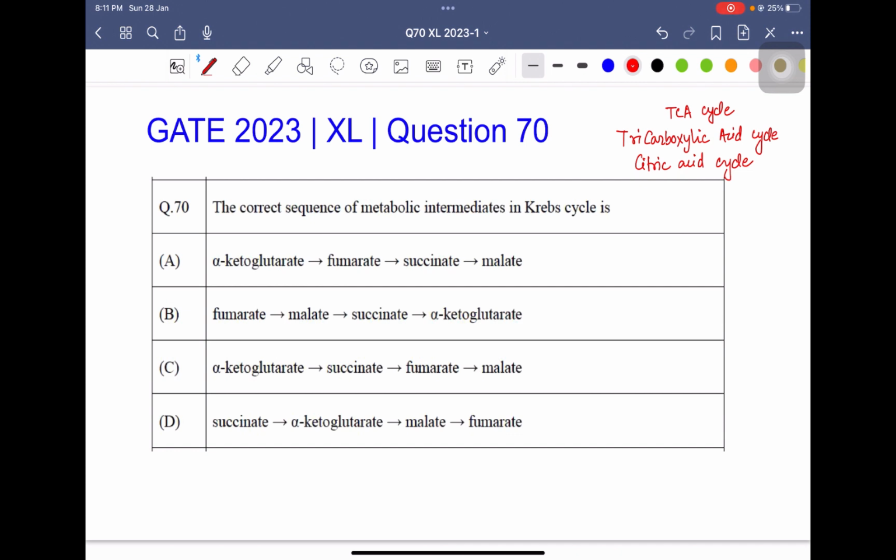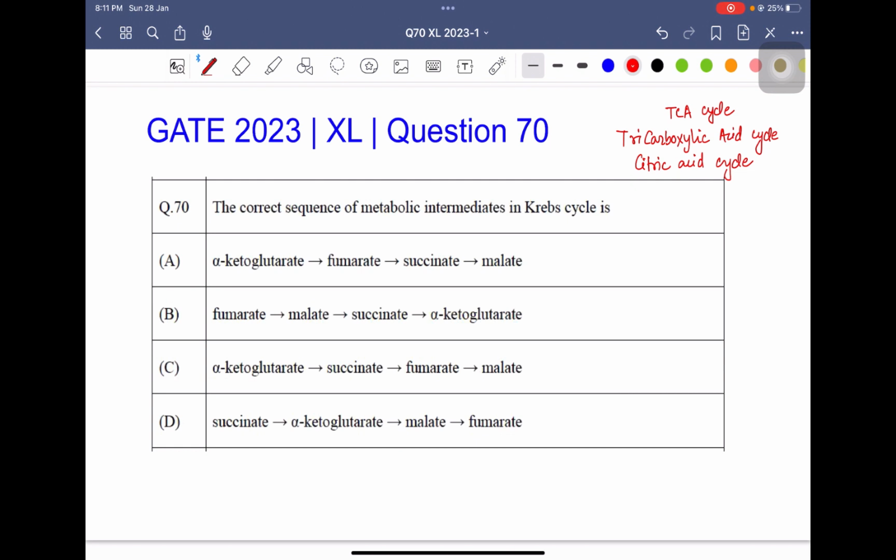The first step in glucose metabolism is when glucose is converted to pyruvate by the process of glycolysis. Glycolysis is the set of reactions where glucose is sequentially converted to pyruvate, and this process occurs inside the cytoplasm.